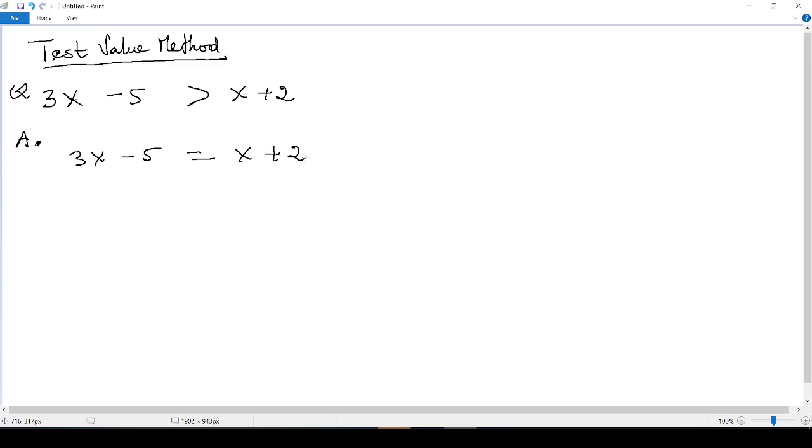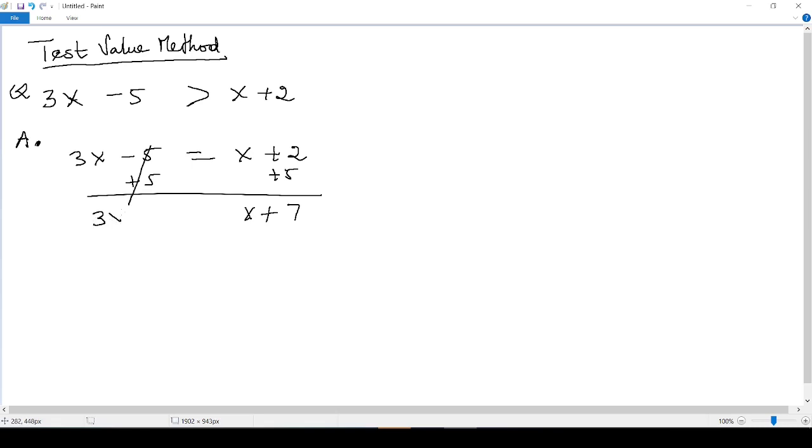What do we do next? We solve the equality to find the value that is the solution, right? So we know how to solve a linear equation in one variable. So we proceed. Plus 5, plus 5. This gives me 7. This is x plus 7. These two cancel.